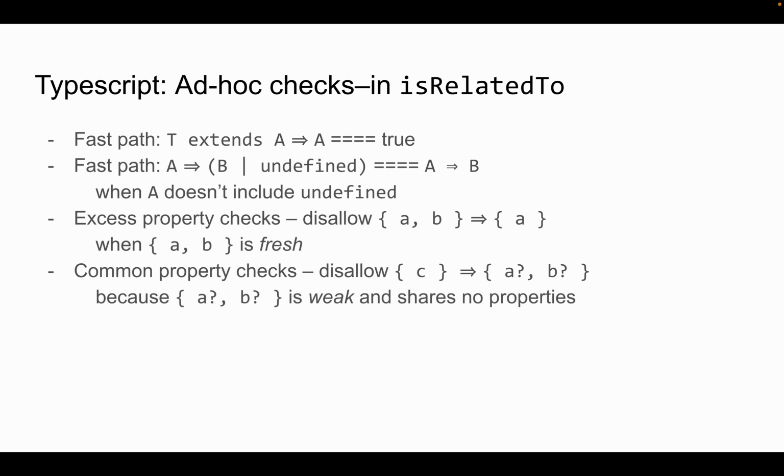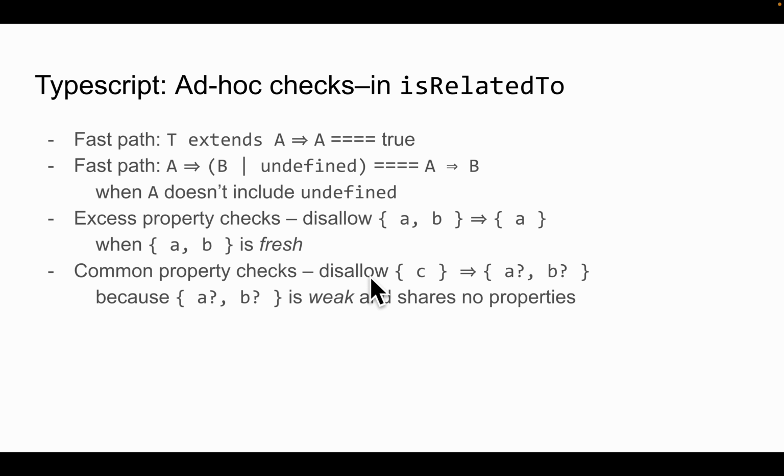So if you're assigning something like var A equals the object literal AB, there's no way that B is ever going to get used because the thing you're assigning it to doesn't have a B property. There's no legal way to refer to that property, and so you probably just made a mistake and maybe your types are wrong or something.